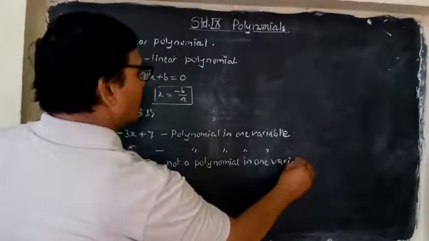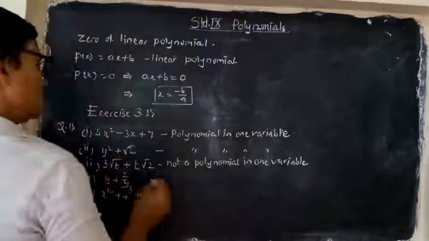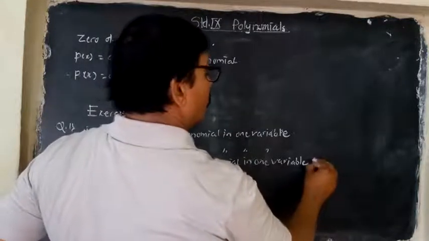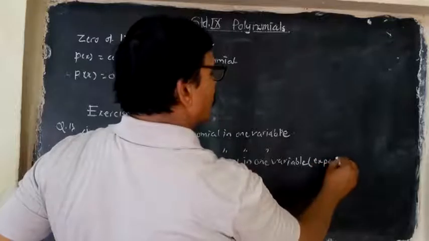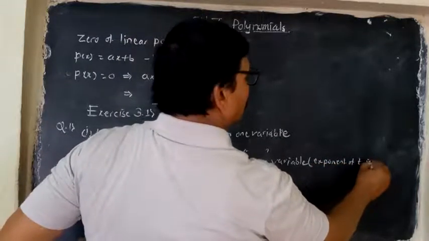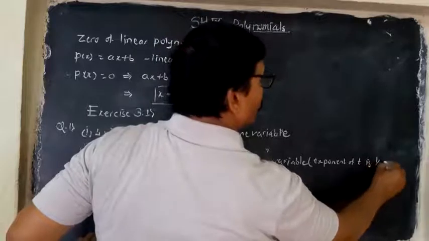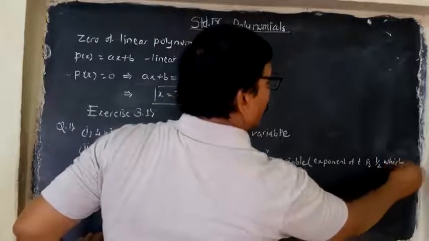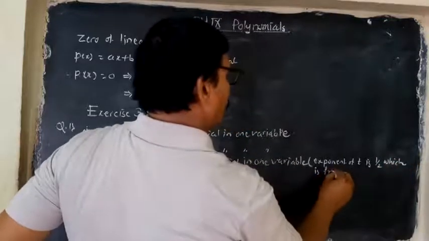Why? Because exponent of t is 1/2, which is fraction.